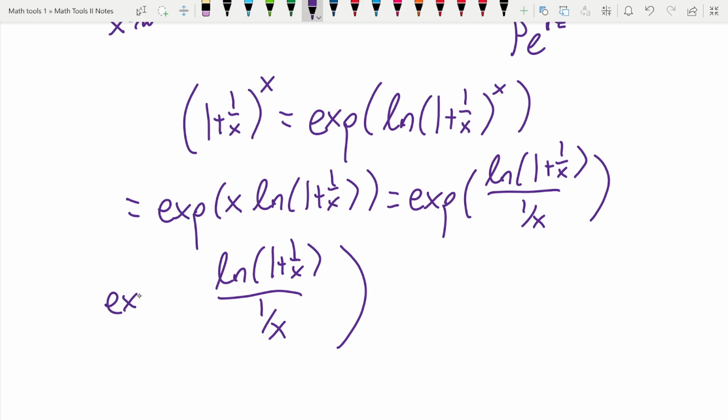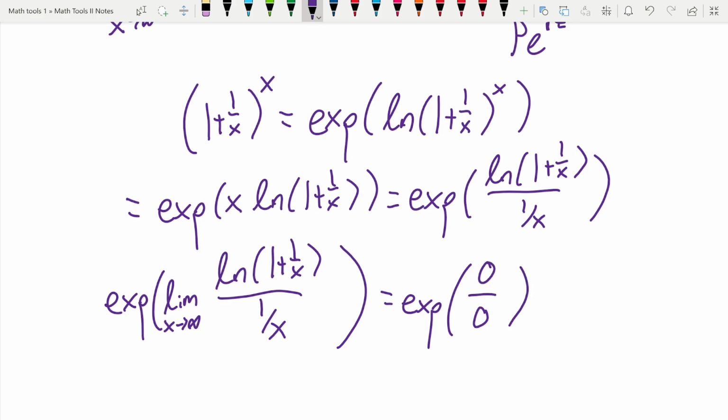This is going to be equal to the exponent of the limit. So the limit as x goes to infinity of the top: we take the limit of 1/x, so that's 0. So we get natural log of 1. So this is 0 on the top, and then on the bottom, that's also going to be 0.